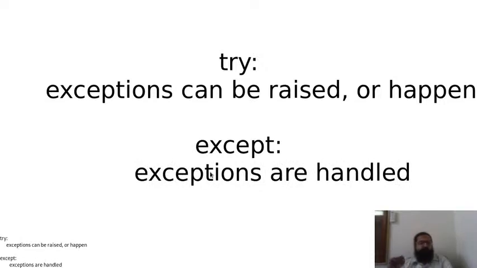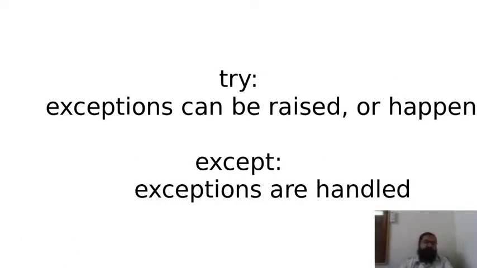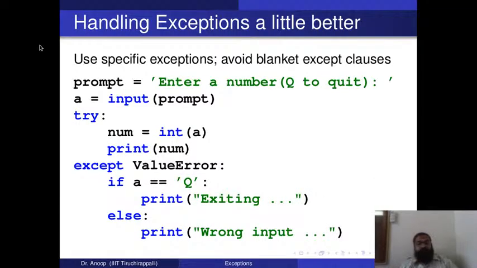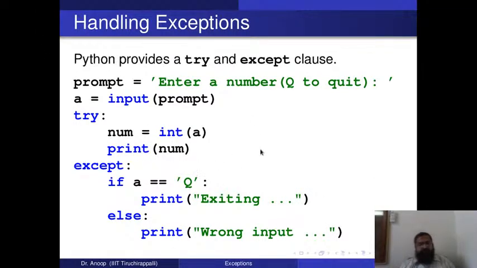This is what you need to understand. In the try block is where the exceptions are raised, where the exceptions occur, and in the except block is where you write the routine to handle the exception. So here is an example.